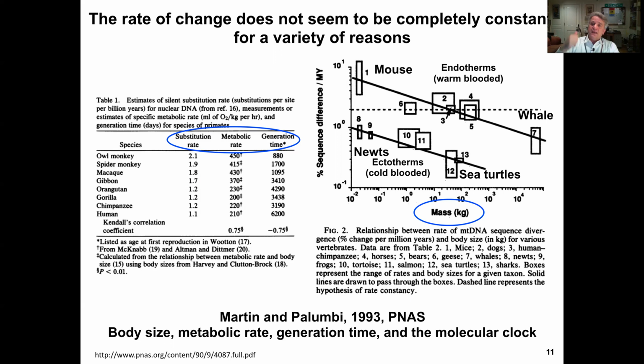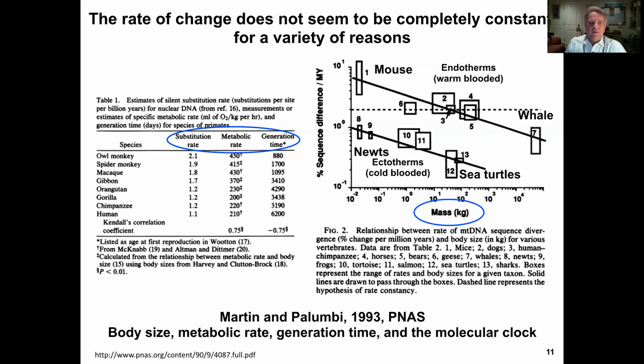So the idea is that lineages with high metabolic rate will essentially be producing a greater amount of metabolic byproducts that may affect mutation and then increase the nucleotide substitution rate, or increase the molecular clock in a sense, in those lineages. And also the idea that lineages that have a short generation time will essentially have more generations per unit time, increasing the probability of any given mutations entering into populations.